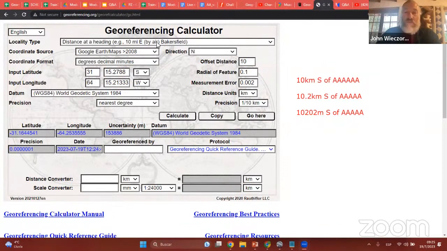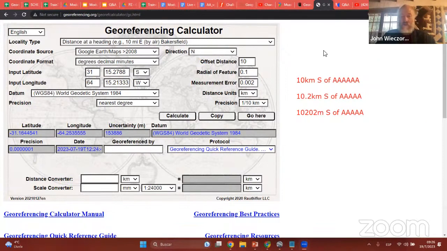The answer is, if you include the georeferencing protocol, that will tell anyone who analyzes your georeference which sources of uncertainty were accounted for. The protocol says exactly how to interpret the locality types. So you don't have to record that information. It's taken care of by the protocol.